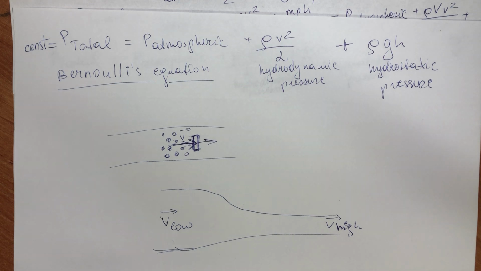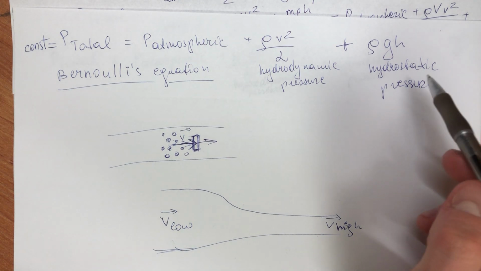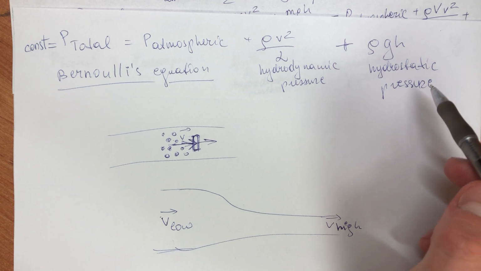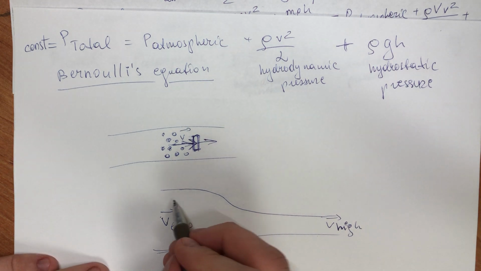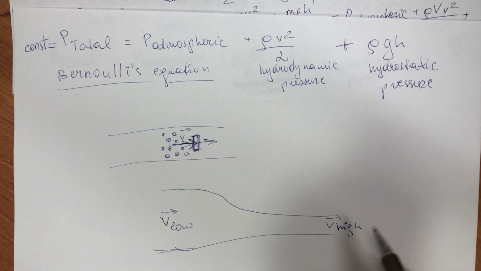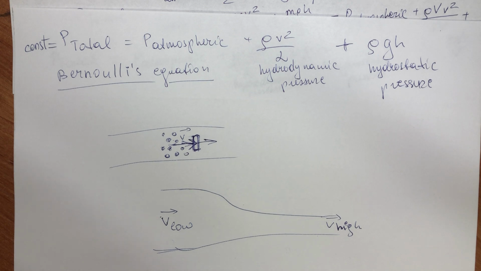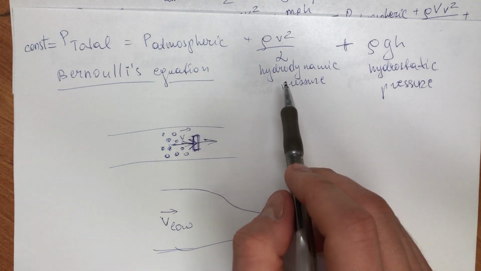So hydrostatic pressure we may neglect at this time, because we can say that it is the same here and the same here, but atmospheric pressure and hydrodynamic pressure, they are the ones that matter.